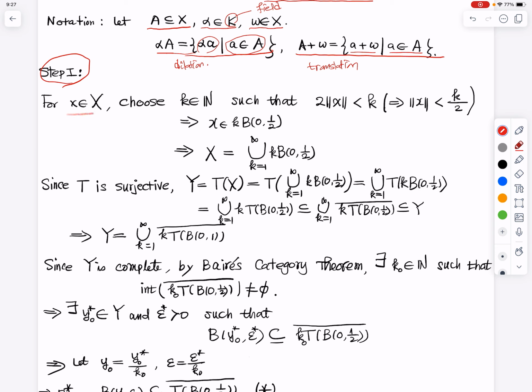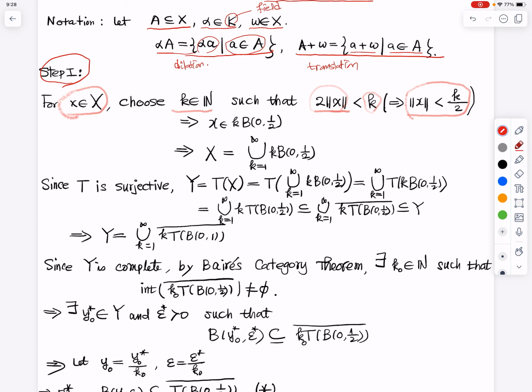If you take any element x in X, then 2 times the norm of x is finite, so you can find an integer greater than this number. You choose an integer k so that 2 norm of x is less than k. That implies the norm of x is less than k over 2.